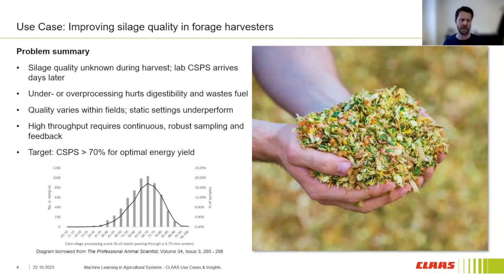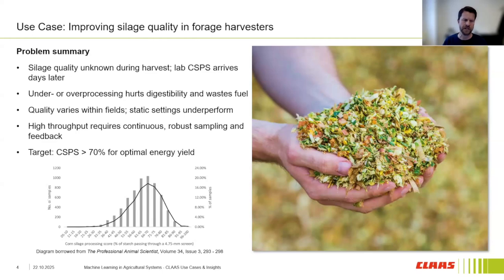The target, according to the CSPS procedure, a method that was suggested by David Mertens, I think in the early 2000s, is that if you filter a physical sample, then more than 70% of the starch, so mainly kernels, shall fall through a sieving grid with a size of, I think it's 4.75 millimeters.